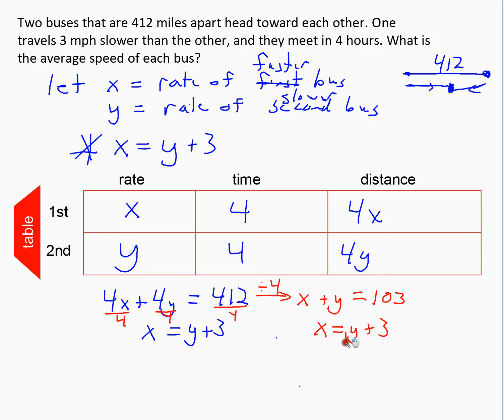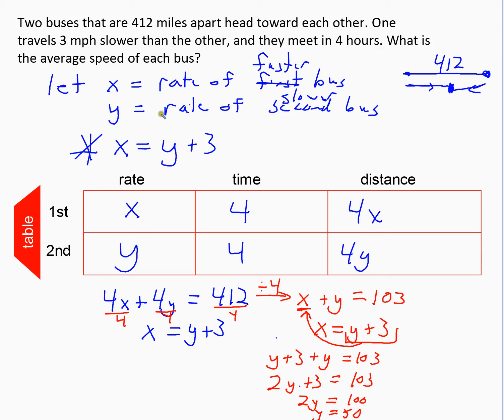So we can take this, x is equal to y plus 3, and substitute it in there. So we have y plus 3, that's our x, plus y equals 103. And we have like terms, so this is 2y plus 3 equals 103. Subtract 3 from both sides, we would get 2y equals 100, and dividing both sides by 2, we get y equals 50. So y equals 50.